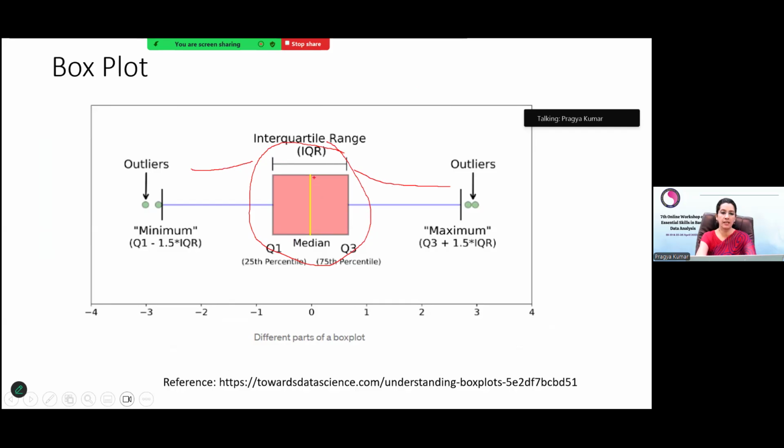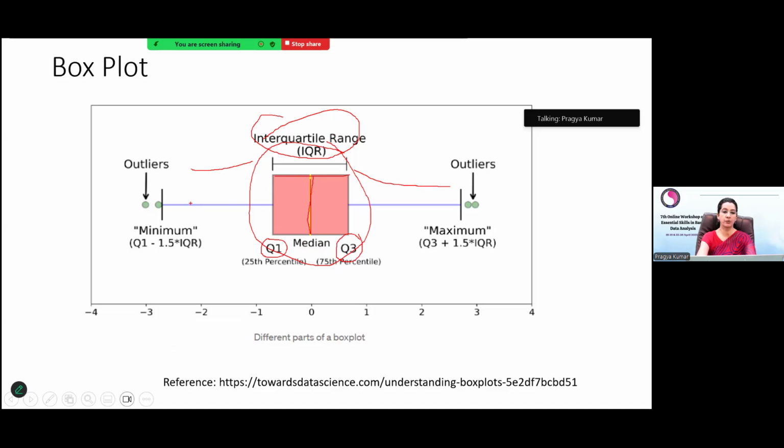The breadth of this box tells you the interquartile range. And this median line, which is this yellow line, is the median of this data. This is the 25th percentile, which is Q1, and this is the 75th percentile, which is Q3. That's why we say that the difference of Q1 and Q3, that means the 25th and 75th percentile, is the interquartile range.